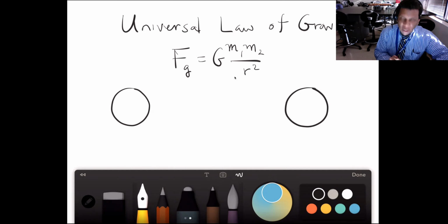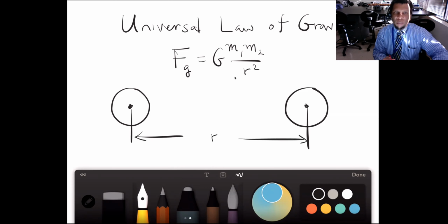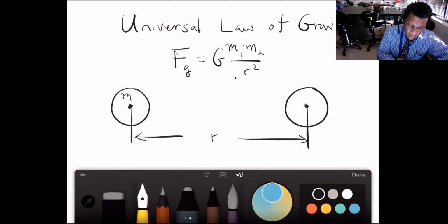So let's just look at a picture here. So the distance between the centers of these objects, that's going to be our R. So whatever that measure is, okay? And then this object on the left, we're going to say that that's M sub 1, and we have another object on the right, that's M sub 2.